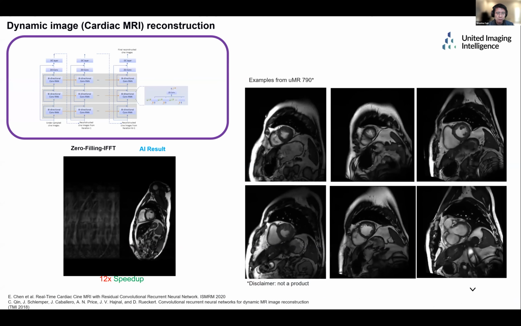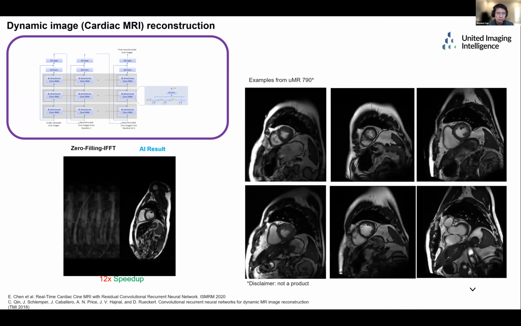We extend our recurrent neural network reconstruction method from static MR reconstruction to dynamic MR reconstruction. We utilize a bidirectional RNN. This bidirectional method was first proposed by Qin in 2018 in their TMI paper. We extended their work and utilize a bidirectional RNN to capture the temporal information during the MRI reconstruction.